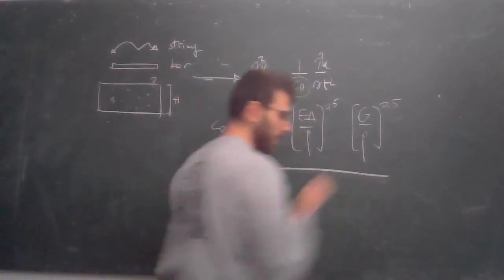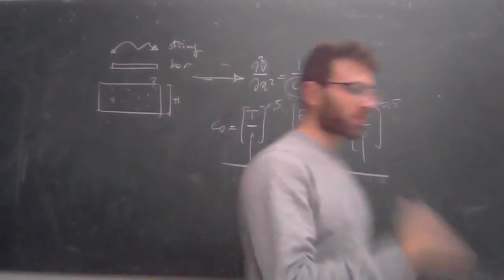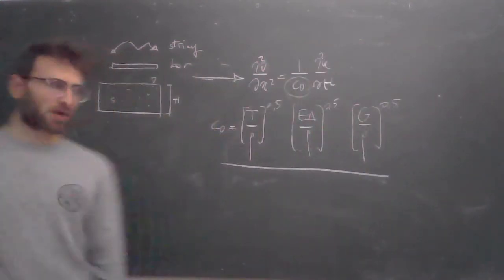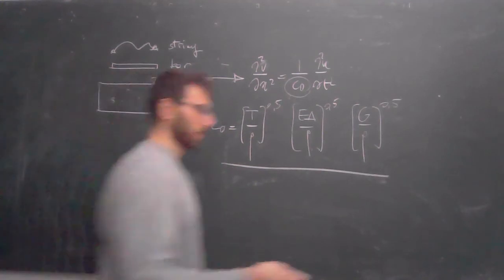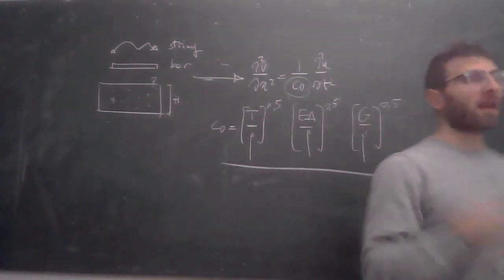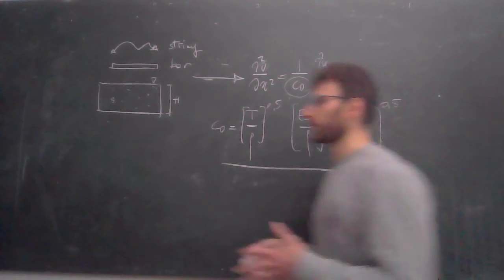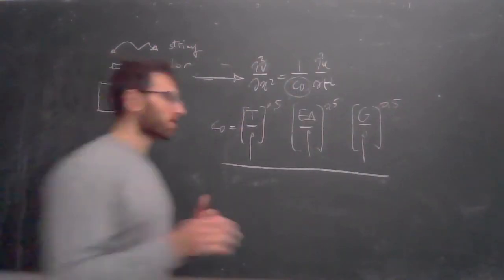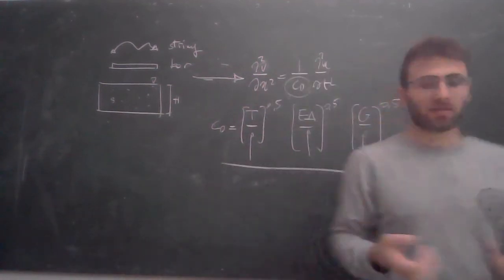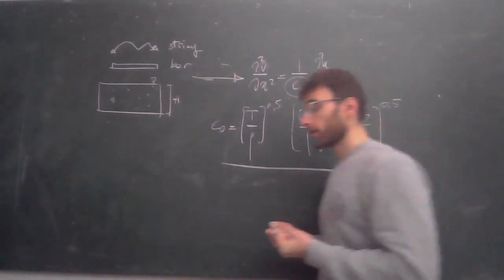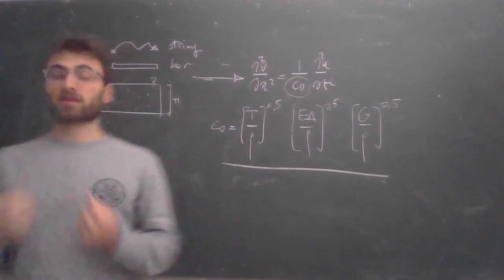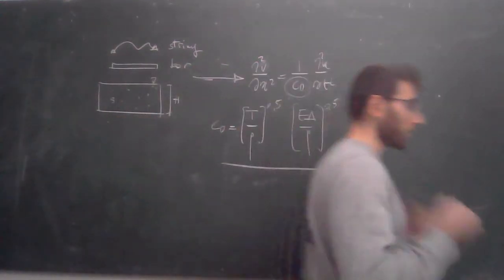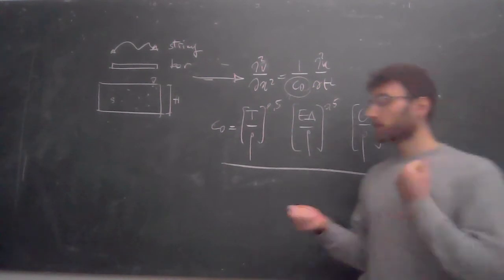As we see, the phase velocity is always expressed as a ratio between the elasticity and the inertia. The velocity of a wave propagating inside a medium is always the ratio between how rigid the medium is and what the density of the medium is. So it is always the ratio between elasticity and inertia.